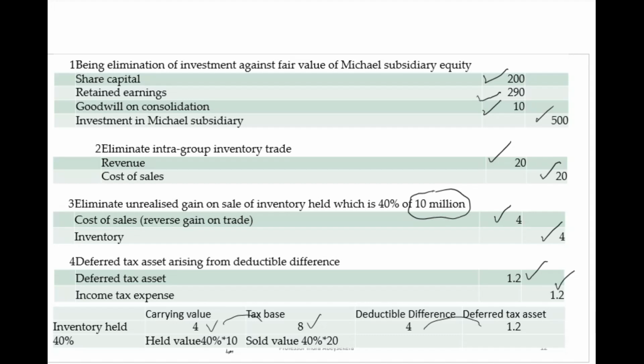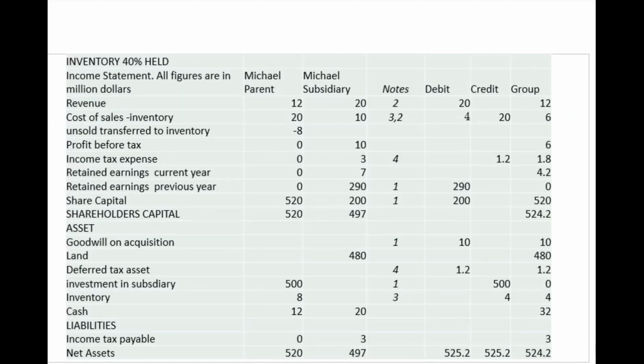So these 4 consolidation journal entries we can now include into the consolidation worksheet, in the debit and credit adjustment columns.